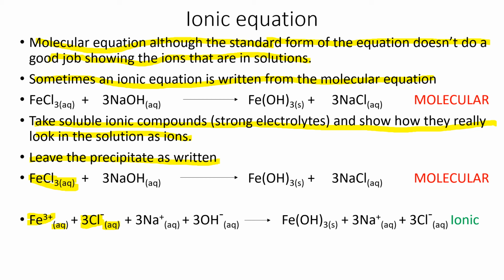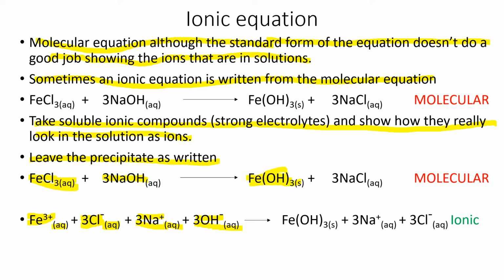We're going to do the same thing for the sodium hydroxide, 3 NaOH. That's soluble, so I need to split that up and show how that actually dissolved. 3 sodium ions (aq), 3 hydroxide ions (aq). For the Fe(OH)3, this is our solid. This is our precipitate. This has not dissolved.